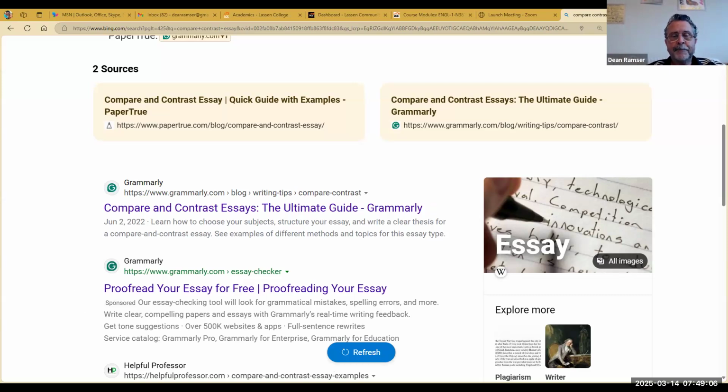Let's see if it's, I think I have it saved here in files. Toni Morrison. Yeah, here it is.